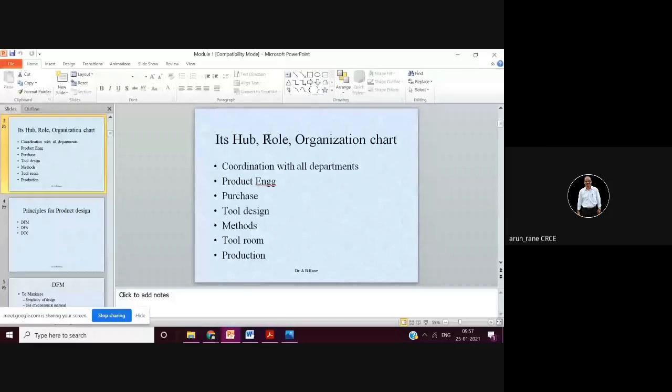If anything goes wrong, your delivery time or your manufacturing may fail. Because sometimes even the FMEA, that is failure mode effect analysis, that also has to be done by the process engineer. Failure mode effect analysis means whether my process will fail or not.